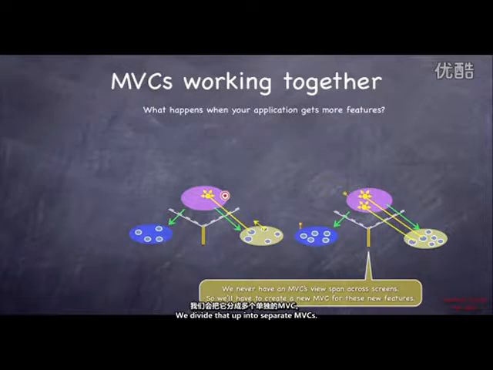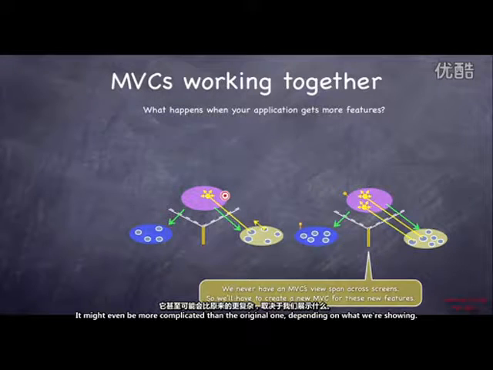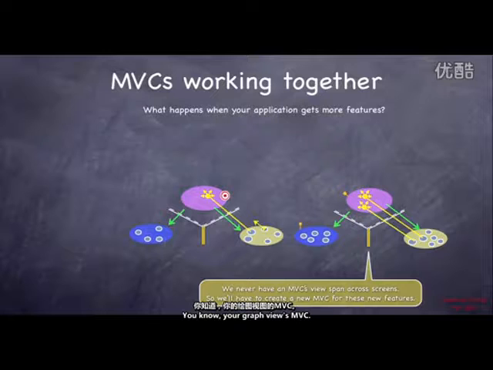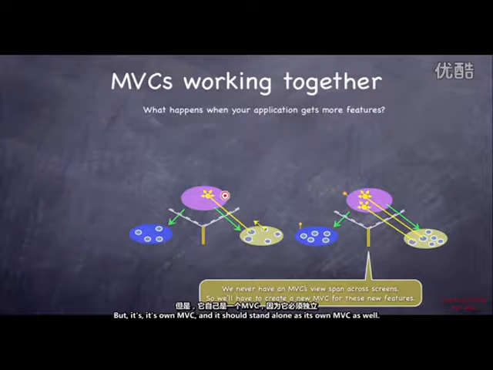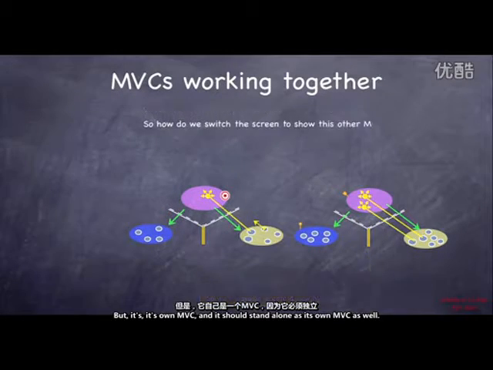We divide that up into separate MVCs. So we create a new MVC. It might be quite a complicated MVC, even more complicated than the original one, depending on what we're showing. Your graph view's MVC is not very complex, medium complexity, but it's its own MVC, and it should stand alone as its own MVC.